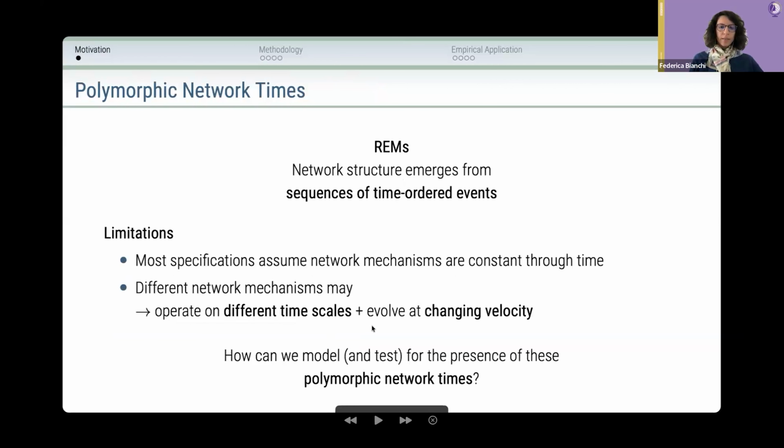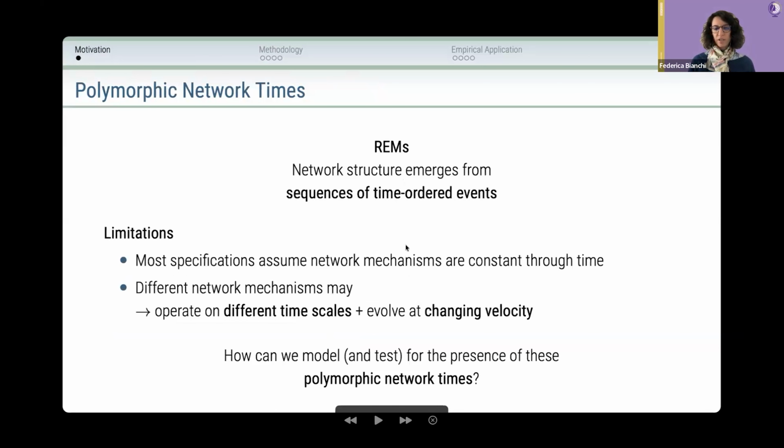So the idea is that in the field of relational event models, those network mechanisms have an inherent temporal component because they emerge from sequences of time-ordered events. But most specifications of relational event models, unfortunately, still assume that network mechanisms operate at the same time scale and at a constant velocity.